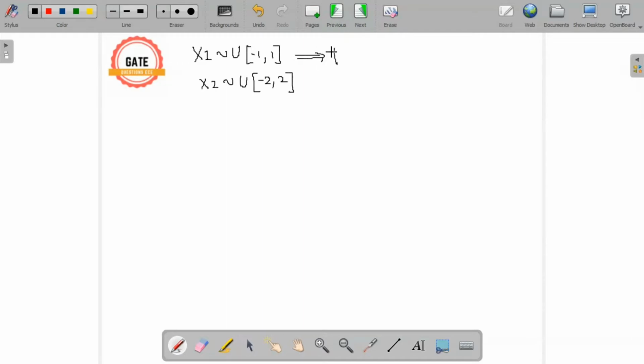PMF of probability that X1 is equal to x1 will be equal to 1 over b, where b is 1 minus -1 plus 1, so it will be 3. So 1 by 3 for x1 equal to -1, 0 and 1, and 0 otherwise.